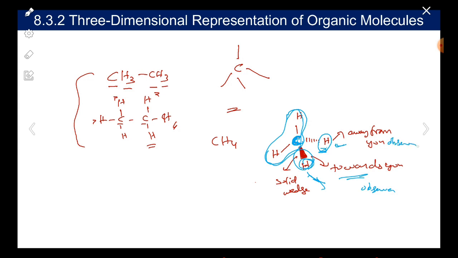This is how we represent organic molecules in three-dimensional space. In earlier days, people had several models to understand the reactions, like drawing structures with sticks. These are called framework models.